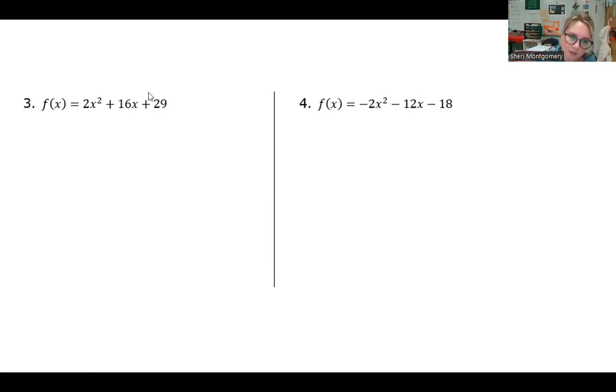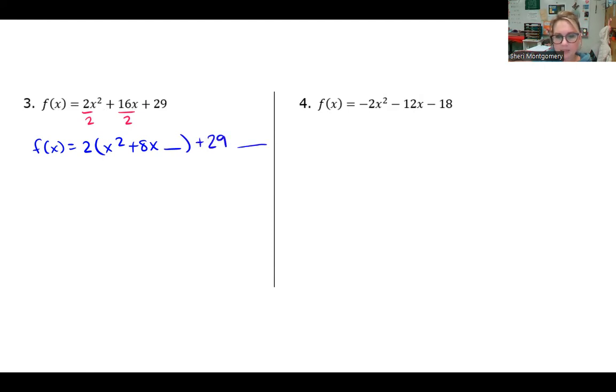So we're only factoring out the 2 from the first 2 terms. And when I rewrite that, it goes in front of these parentheses. And I'll leave my blank inside the parentheses.